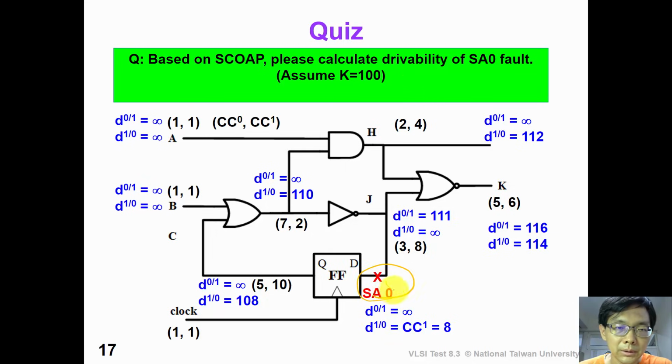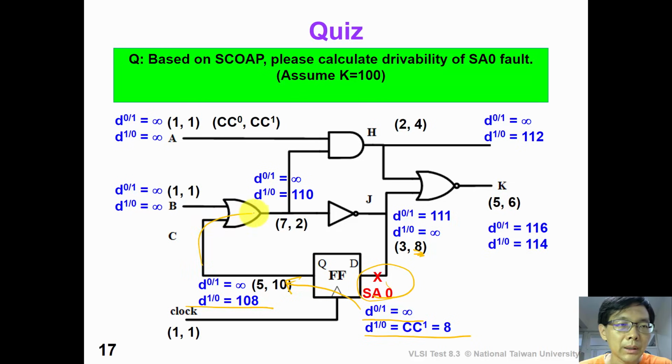Starting from this fourth side, D01 is infinity since it's impossible to create a 1 here. And the D10 is equal to CC1, which is 8. And if we go through this flip-flop, D10 would be 108.